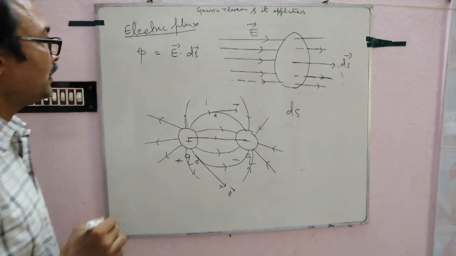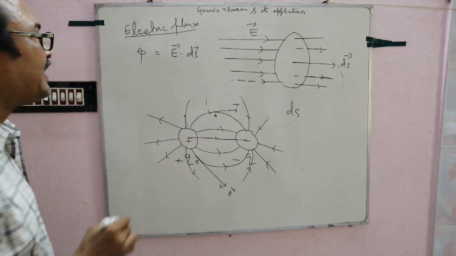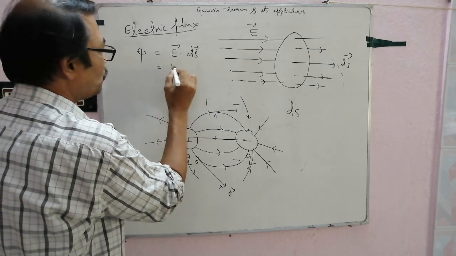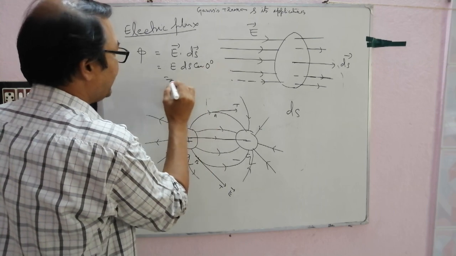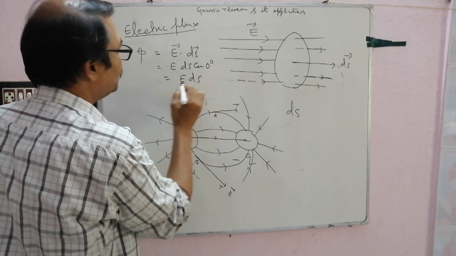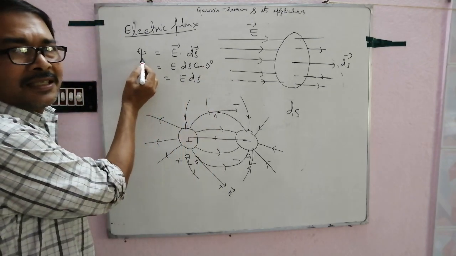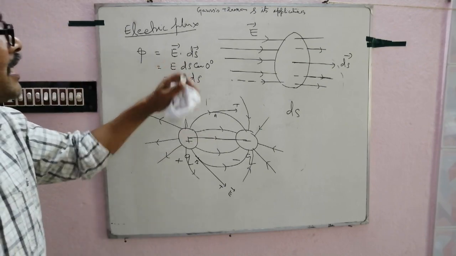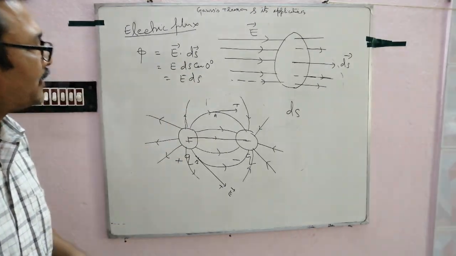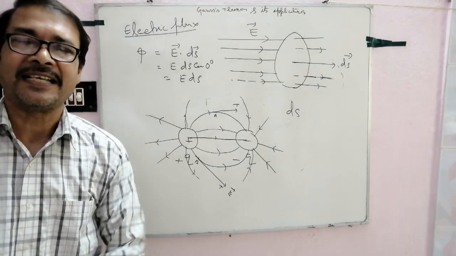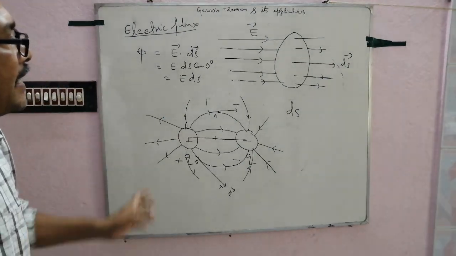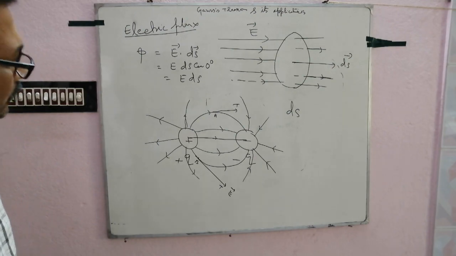Follow, the angle between E and dS is 0, so E dS cos 0 degrees, that is E dS. Flux is a scalar quantity, but E and dS are both vector quantities. Flux is the dot product of two vectors, that is, the intensity of the electric field and the area vector.